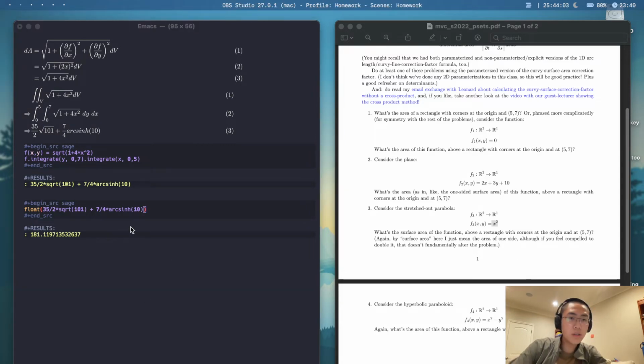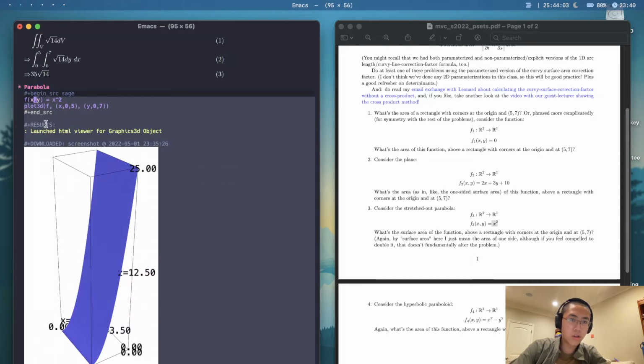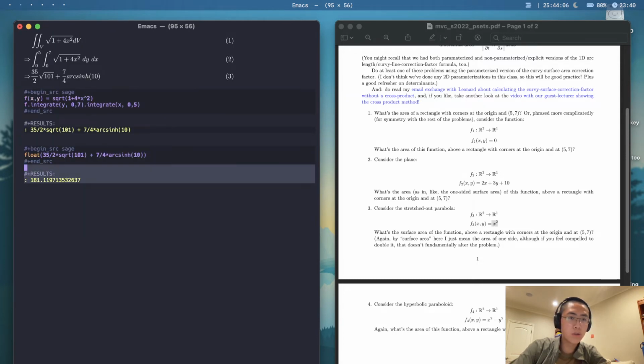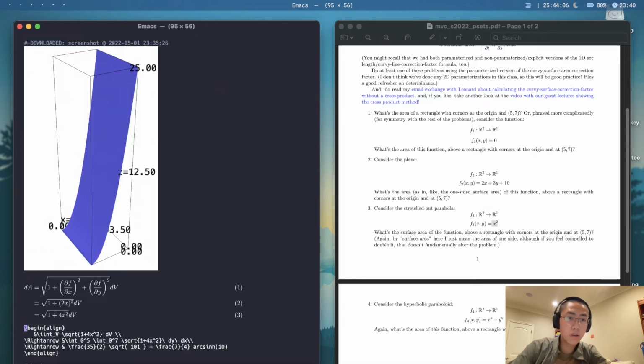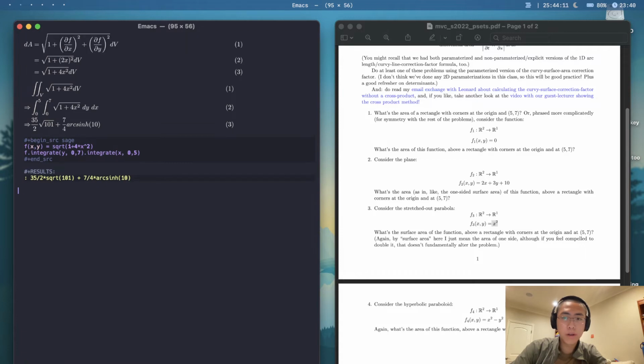Hey! So you can see the curvy thing is slightly larger because it has more area to go through under that, which is what we expected from the beginning. So that's nice that we confirmed what we have. Okay, last problem. So, hyperbolic paraboloid.